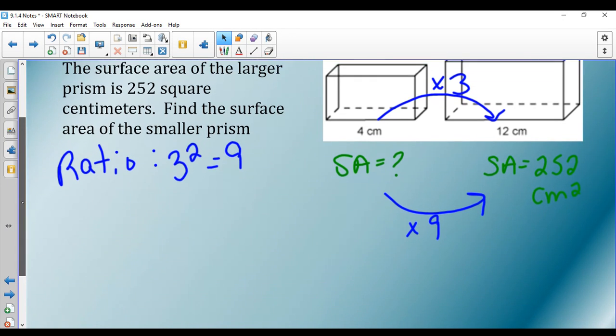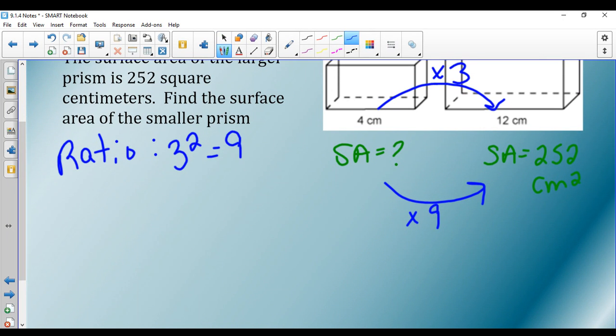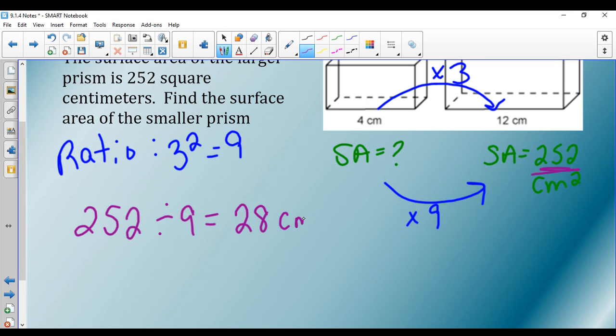If we want to find the smaller figure, again we're just undoing the math. If we know the bigger one is 252, then to get the smaller one, to undo that multiplication, we'll divide by 9. And so 252 divided by 9 gives us the surface area of the smaller figure: 28 centimeters squared.